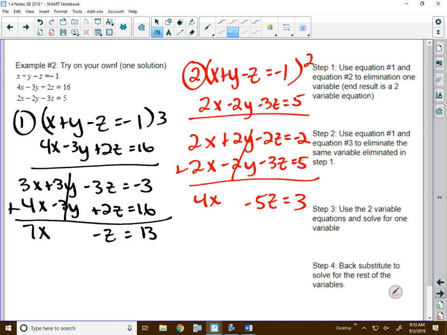If you look over here, I have X and Y left. When I canceled out Y, I have X and Z left. That has to happen for those 2 equations to be able to do step 3. Go ahead and try step 3 on your own. Take those 2 answers you just got and do elimination of those.